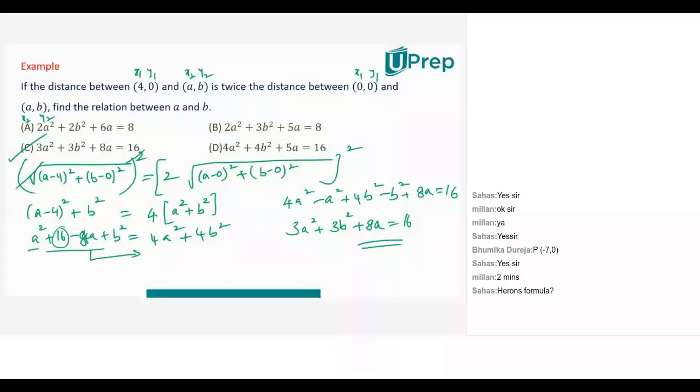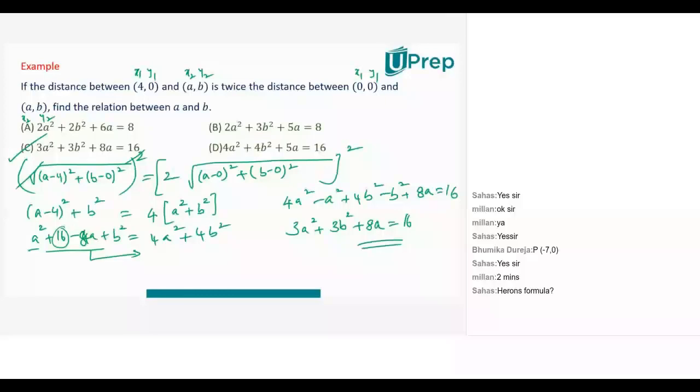Now how do I remove the square root? I need to square it on both sides. But be careful, there is a 2 outside there. So this side the square cancels. This side I cannot do the cancellation. 2 must be squared first. So what I am left with is A minus 4 whole square plus B square is 2 gets squared, it becomes 4.